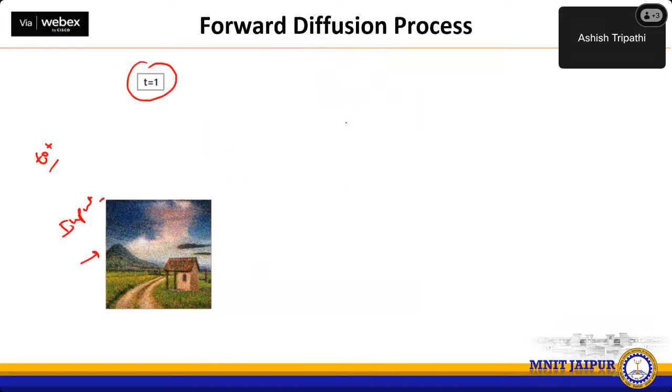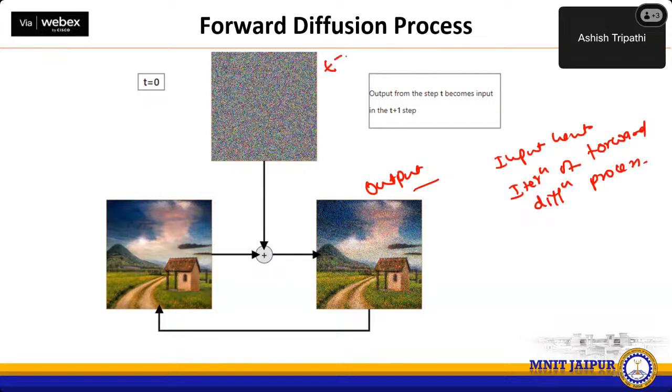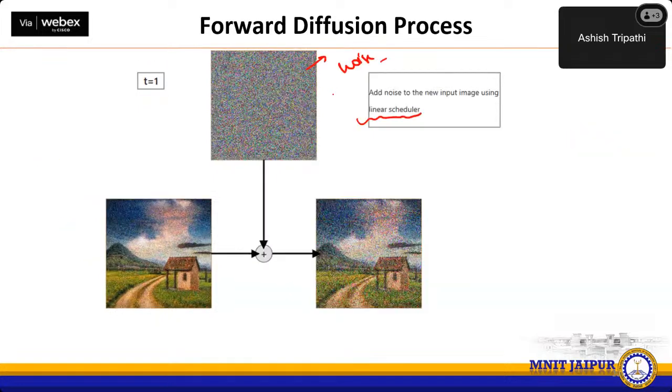The noise vector that I created at timestamp t equal to 0 and the noise vector that I created at timestamp t equal to 1, are they the same or different? Yes, they are different. Very good. It is different because we have changed the value of beta linearly. That's why we are adding a different quantity of noise in each step.